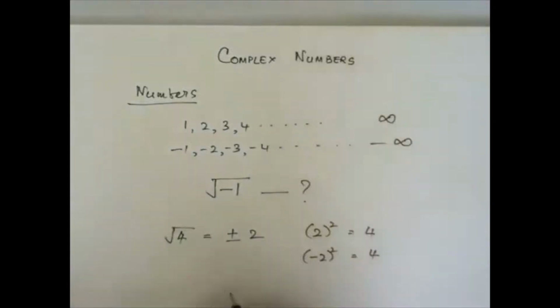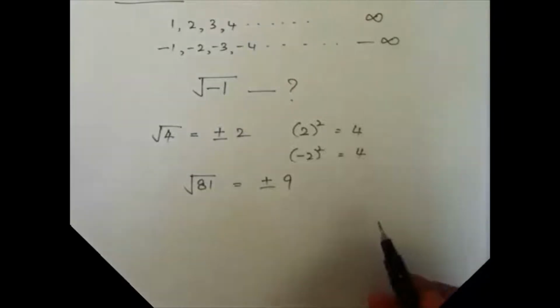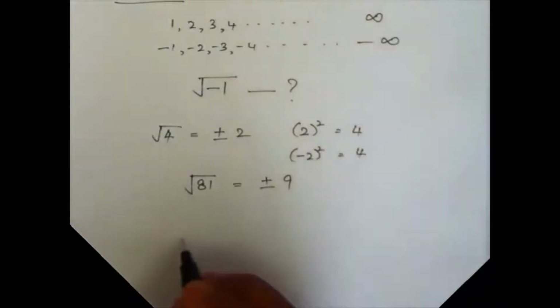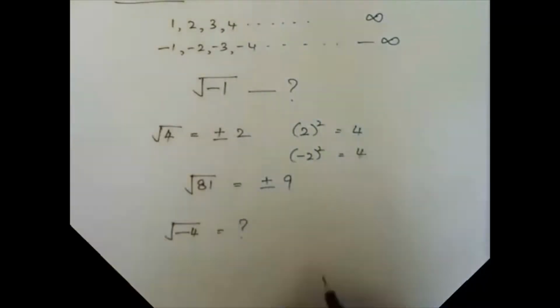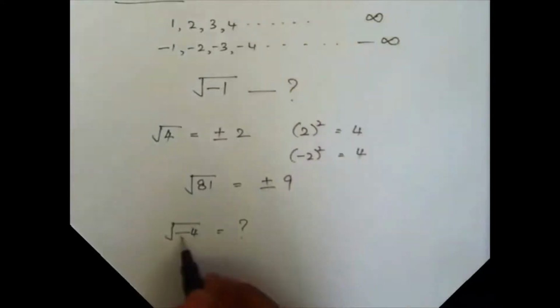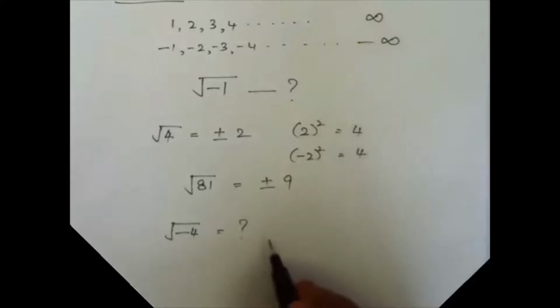So similarly, say the square root of 81, we know that is ±9. But to define the square root of -4 is not that easy. Because of the negative sign inside the square root mark, it's not easy to define.